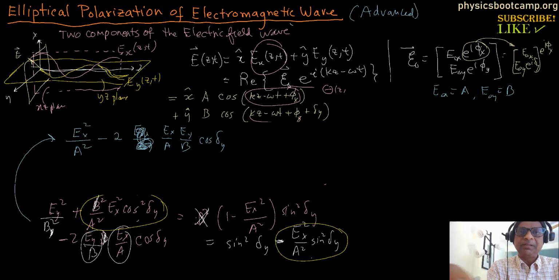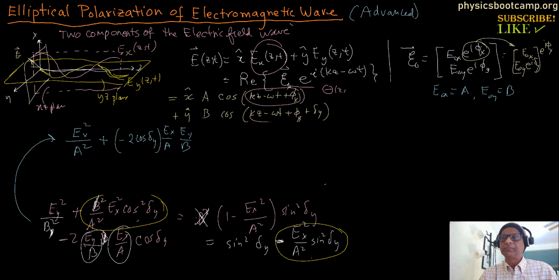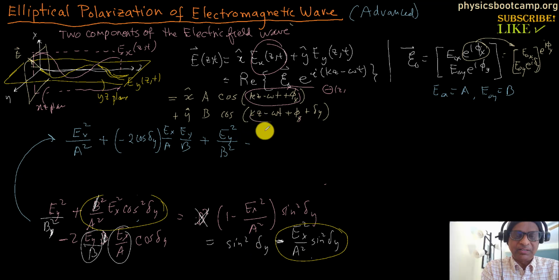Okay, let me erase this and write it this way. And this other one will be Ey square over b square, and bring the sine square delta y to the other side.